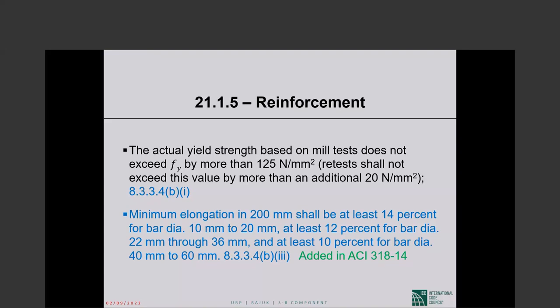Something BNBC has that ACI 318 did not have until the 2014 edition: it basically says the elongation over an 8-inch gauge length of A615 or the BDS 6935-2 bars shall be the same as that of A706 bars. Okay.